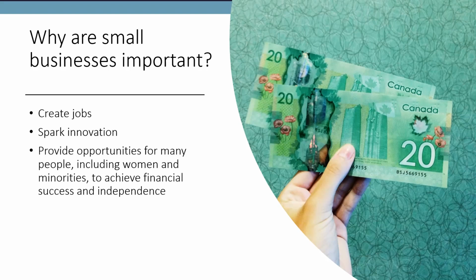So aside from creating jobs, the majority of Canadian workers first entered the business world working for small businesses. And although the split between those who work in small companies and those working in big companies is about fair, even though there's a very small number of big companies, when you look at the employment, it's very high. Big companies hire about the same as small firms, and small firms fire more frequently than big companies do.